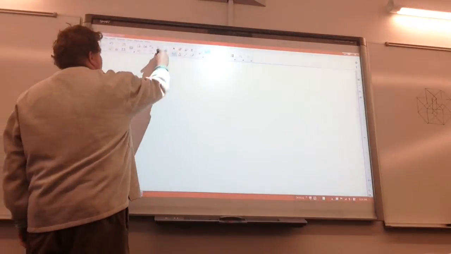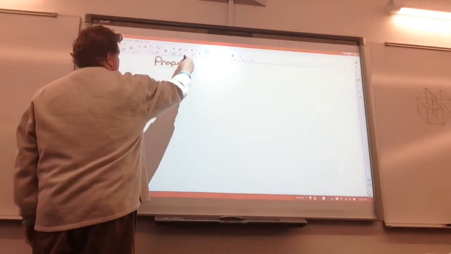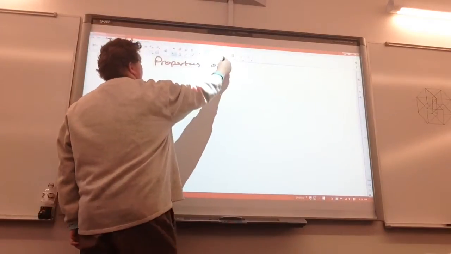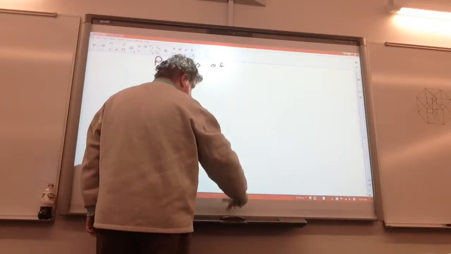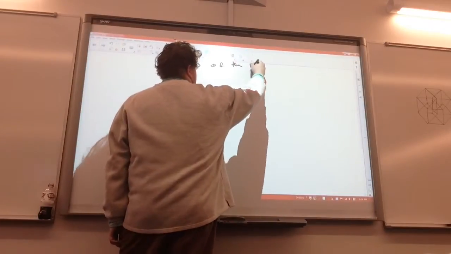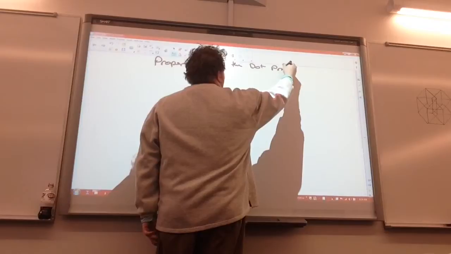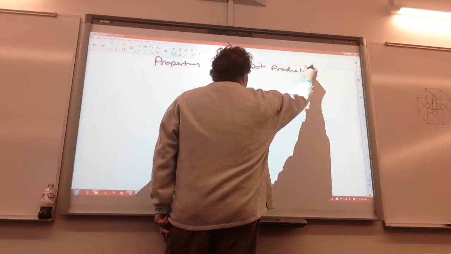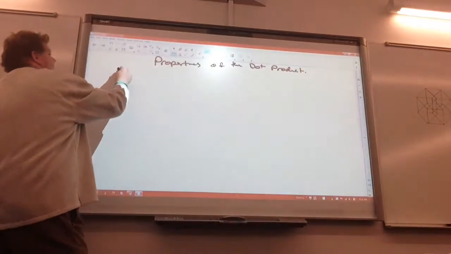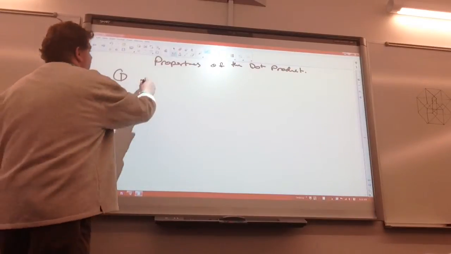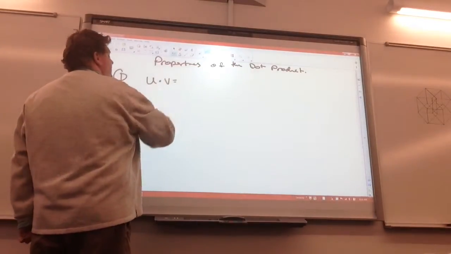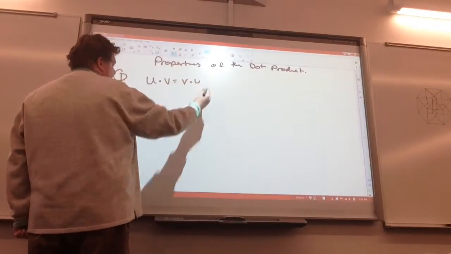So, some properties of the dot product. First property is the dot product is commutative, meaning that if I do the dot product of two vectors, u dot v is actually equal to v dot u.